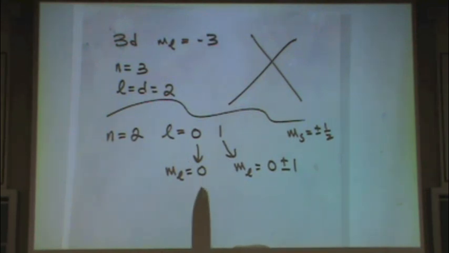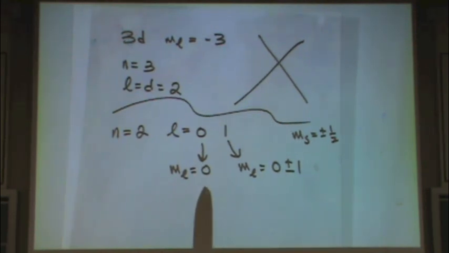Is that okay? So each m sub L value holds how many electrons? 2. So if I have 4 m sub L values, that's a total of 8 electrons could be in here. Okay? So a total of 8 possible electrons. You should be able to do that for any value of n we give you. So the bigger n gets, the harder the calculation gets.